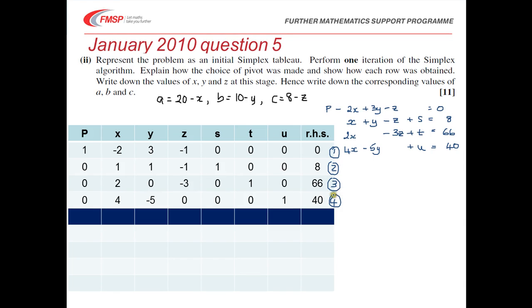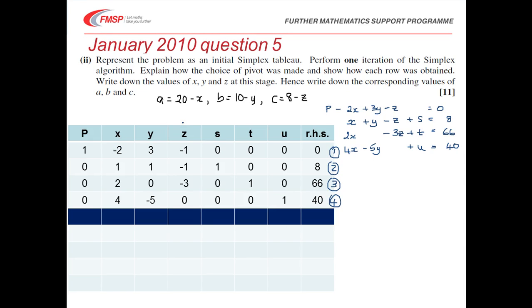So we have 4 rows to deal with, and what the Simplex algorithm tells us to do now is to choose a pivot. And the pivot we choose from a pivot column, and the pivot column will come from a variable where we have a negative value in the objective row. So in this particular case we have a choice of x or z.